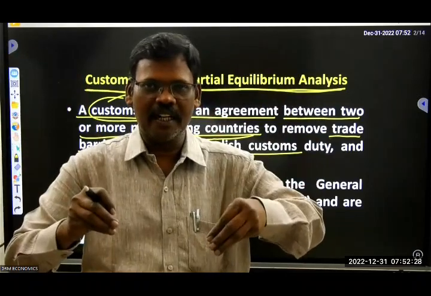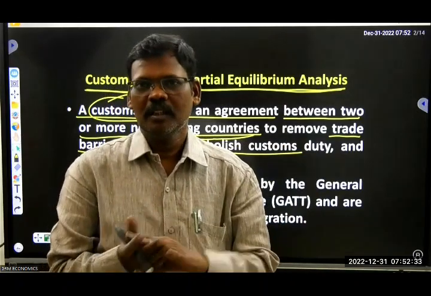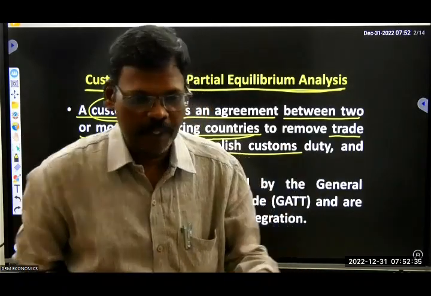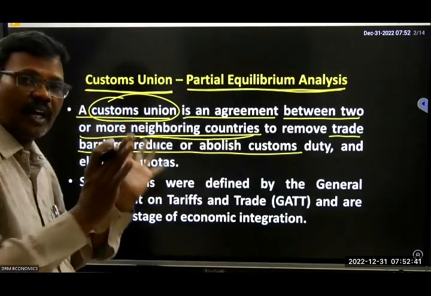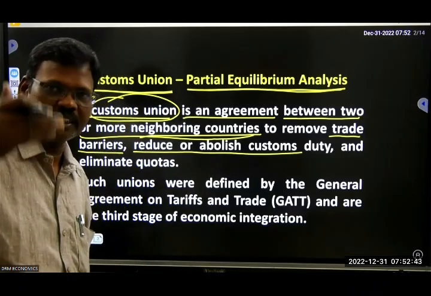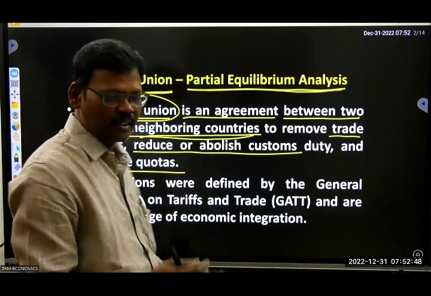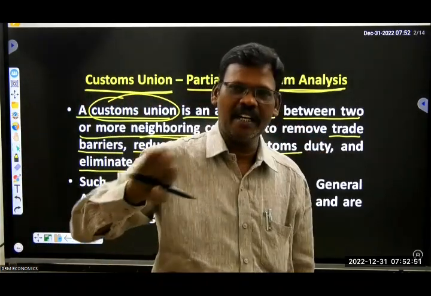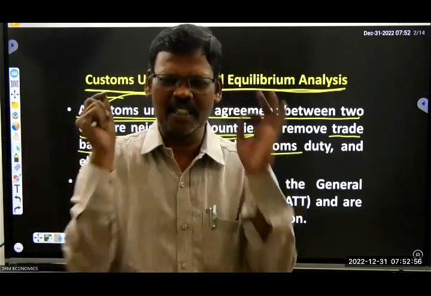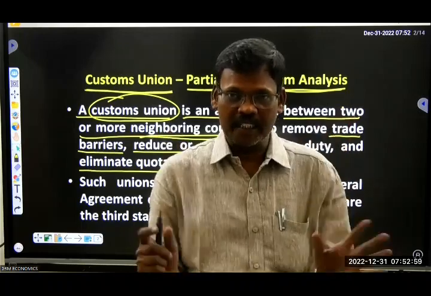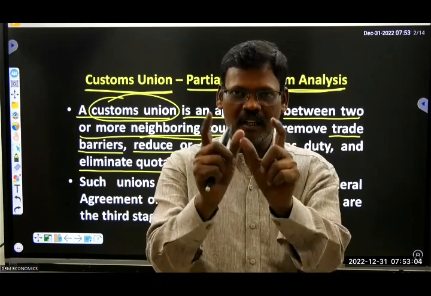If there are any barriers or restrictions regarding foreign trade, they are removed, and any customs duty, that is export duty and import duty among the countries, is abolished, and quotas are eliminated. Simply put, it is a free trade agreement among neighboring countries.